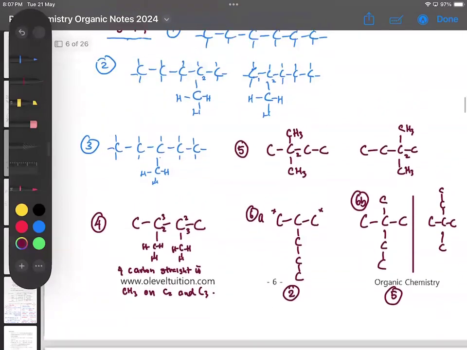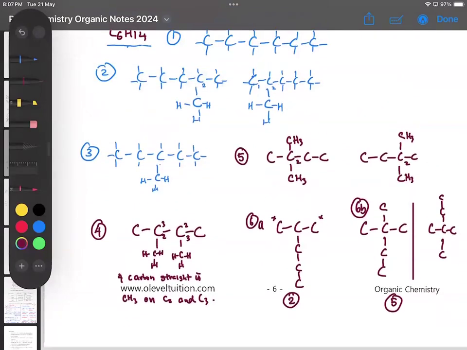Okay, let's look at 6B. Look at this structure. Let's rotate this structure counterclockwise 90 degrees. So this one is actually like that. Can you see? This and this is actually this and this. It's actually number 5. So even if you rotate this, it's the same thing.